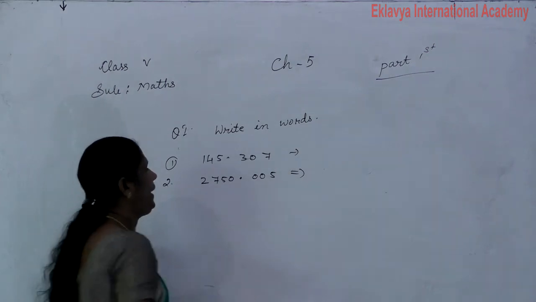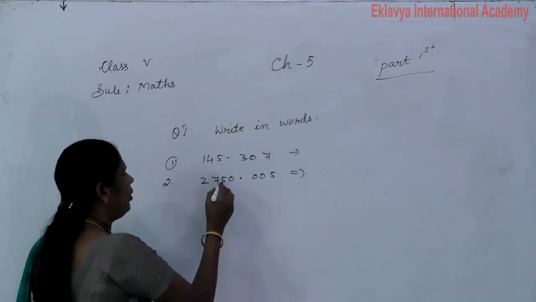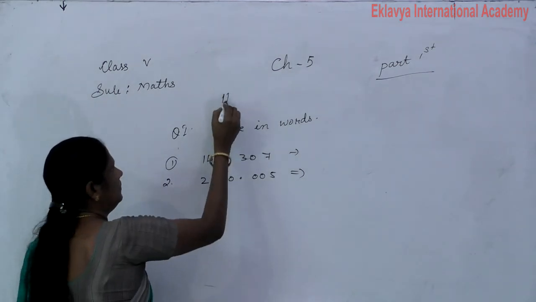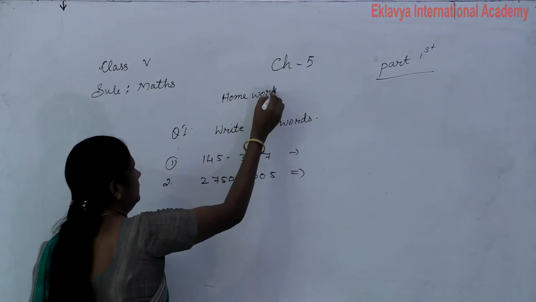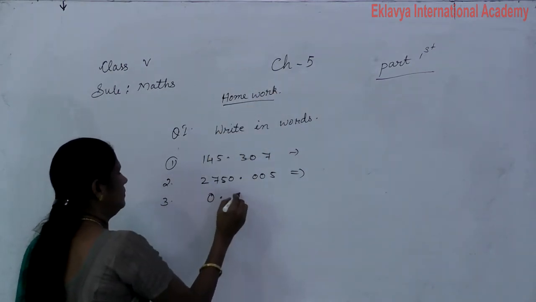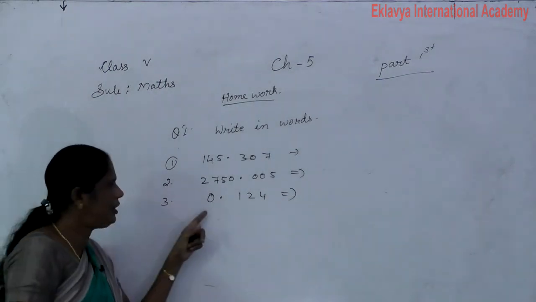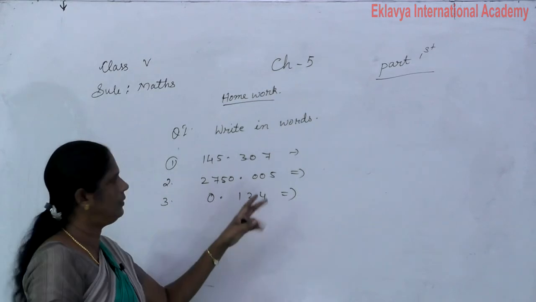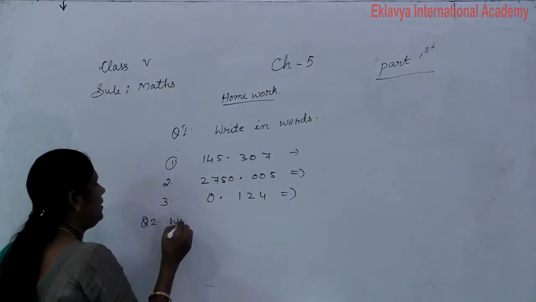Now you read 2750.005. Now read this, 0.124.